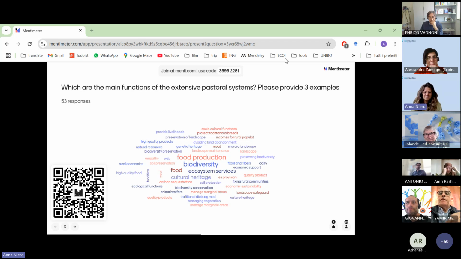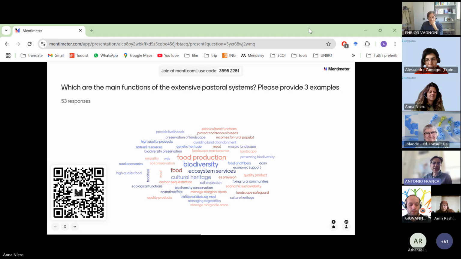Antonello, please. Yes, a very brief comment. I'm seeing the keywords shown on this screen, and I was thinking that many of the words can be considered within the general term of ecosystem services, because also food production, for instance, is considered an ecosystem service in the Millennium Assessment scenario.